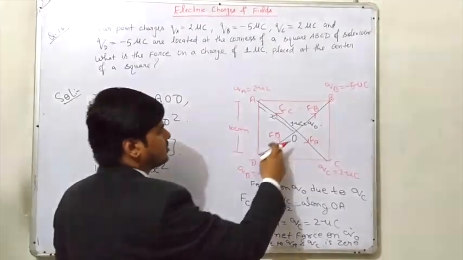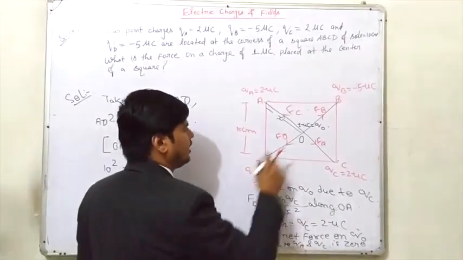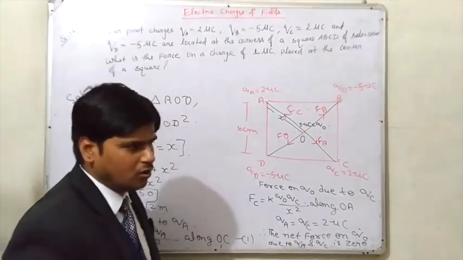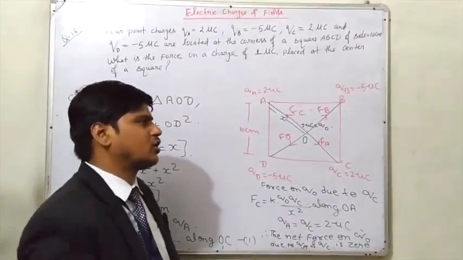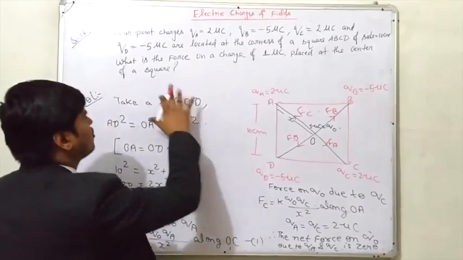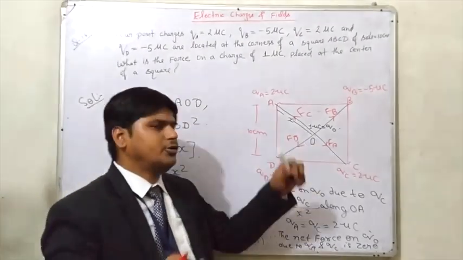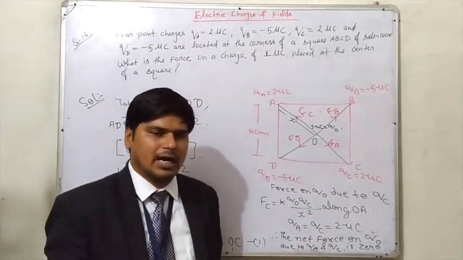Also we can say that both the forces are equal and opposite. So the net force on Q naught due to QD and QB is 0. Therefore overall force on Q naught is 0. So my answer to this question is 0. The net force on Q naught due to all other charges is 0.